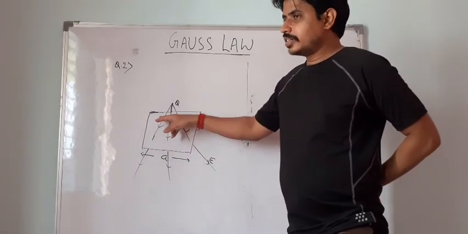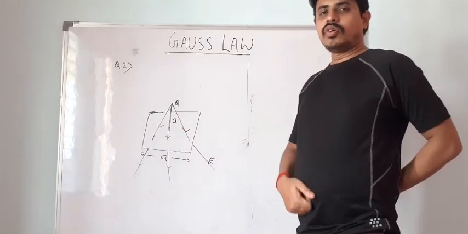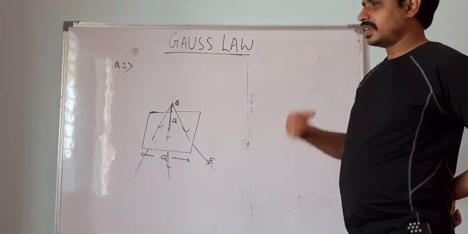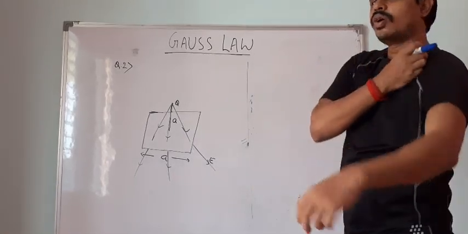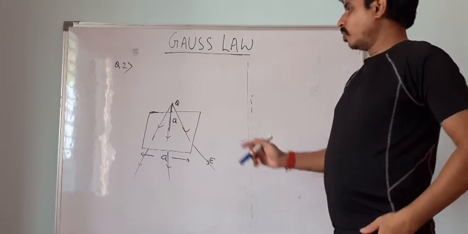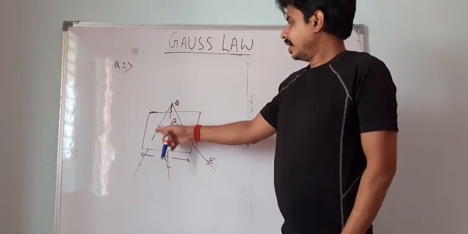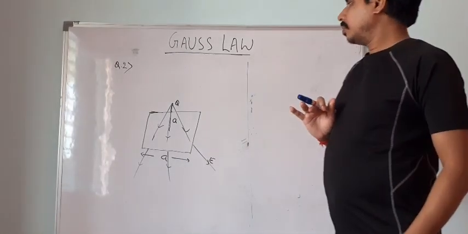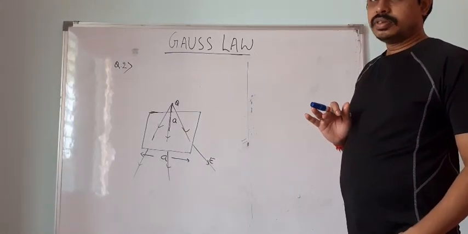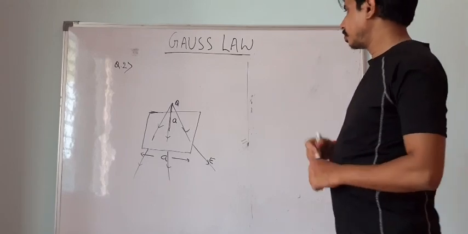So here is a case of non-uniform field through the surface area. If we try to apply the definition, the integral of E dot dA, it will be very difficult to find a function of the electric field. But see, we can do it very easily with the help of Gauss law.